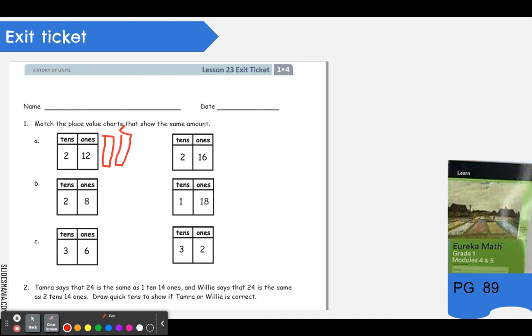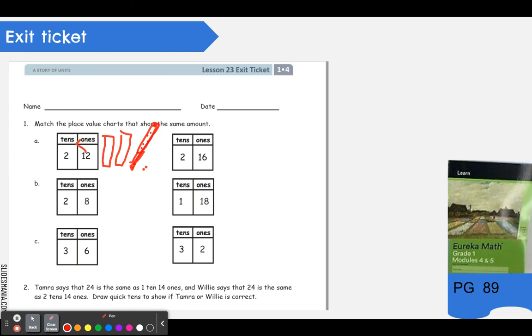You draw 2 tens, and then you're going to draw 12 ones. 1, 2, 3, 4, 5, 6, 7, 8, 9, 10. And then you're going to say 2 ones. 1, 2. So remember how we talked about when you see a group of 10, if it fits all in one group of 10, you're going to make this into a group of 10. And then I have one group of 10, 2 groups of 10, 3 groups of 10.